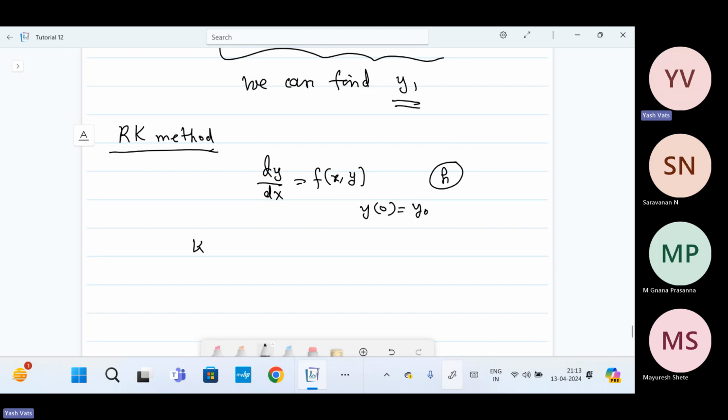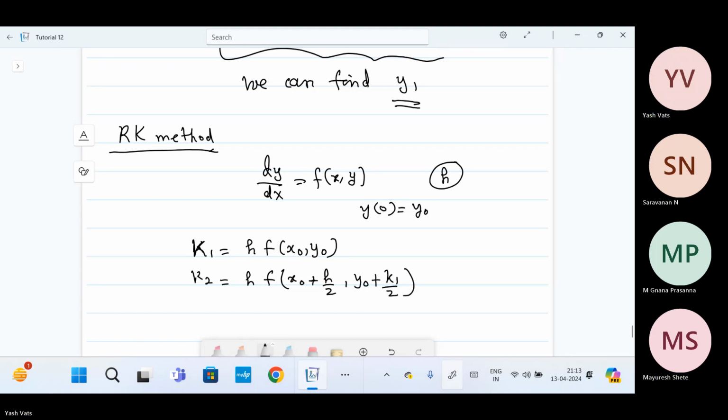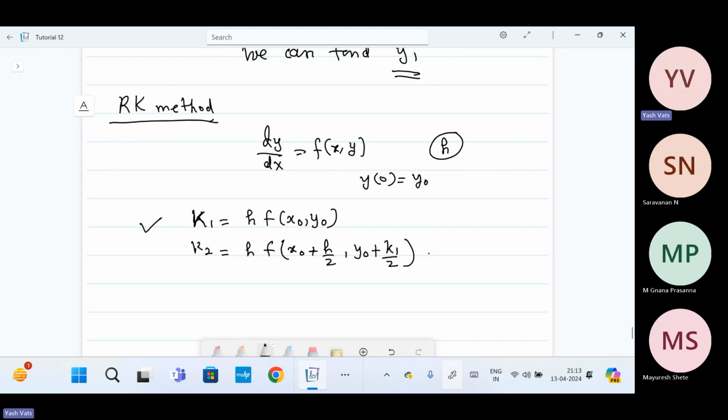The formula is given by k1 is h times f of x naught, y naught; k2 is h times f of x naught plus h by 2, y naught plus k1 by 2. So first you need to find k1, then k2 using k1, then k3 is h times f of x naught plus h by 2, y naught plus k2 by 2.